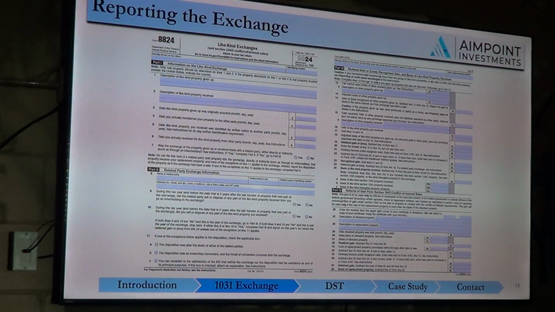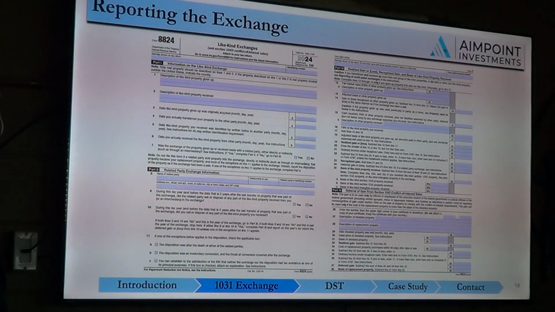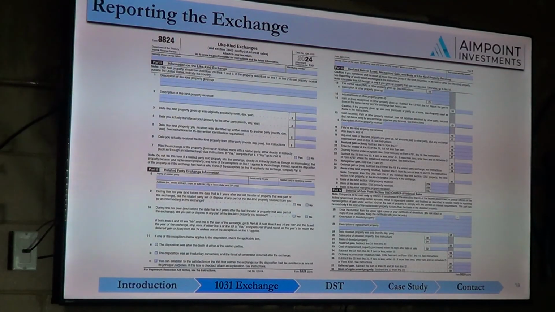Just like all tax decisions, we have a self-reported tax system in the United States, so put whatever you want on there and the IRS will come find you and ask you to prove it. I highly recommend you have a CPA that works with you and gives you good, sound, conservative advice, but that's the form they're going to file.